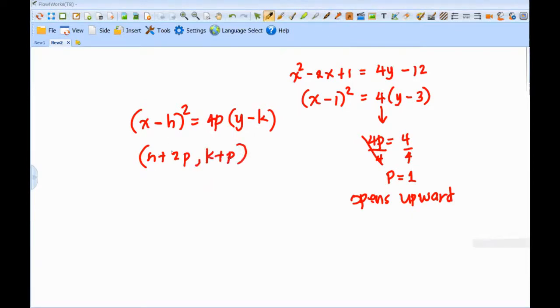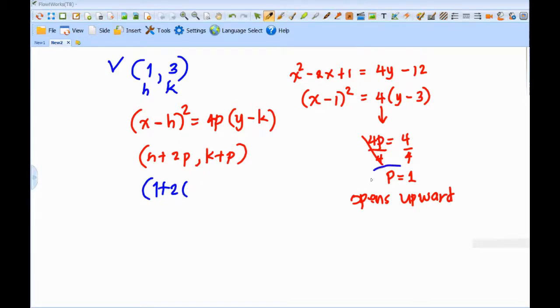Okay, so let us get our h. Our h is 1. That's the vertex. And the k is 3. So h will be 1 plus 2 times p, which is 1.